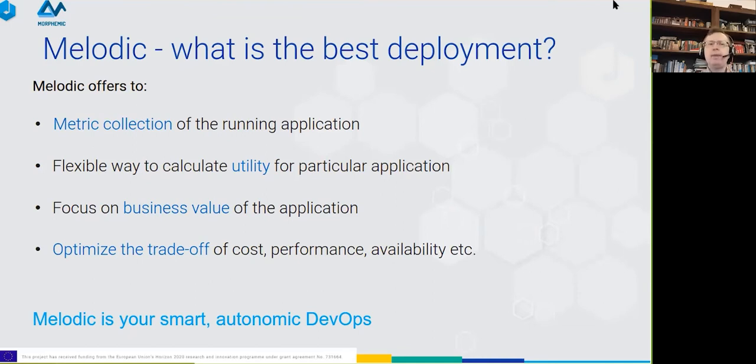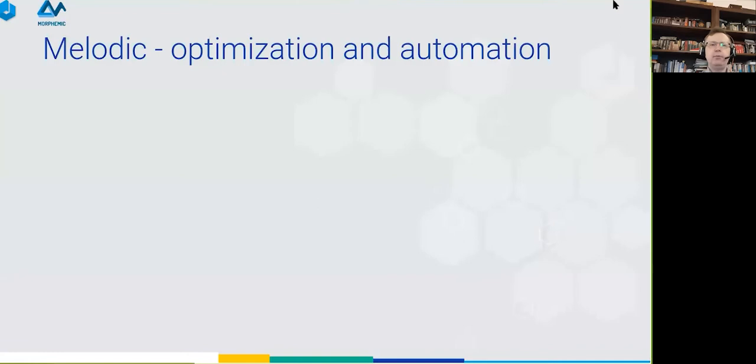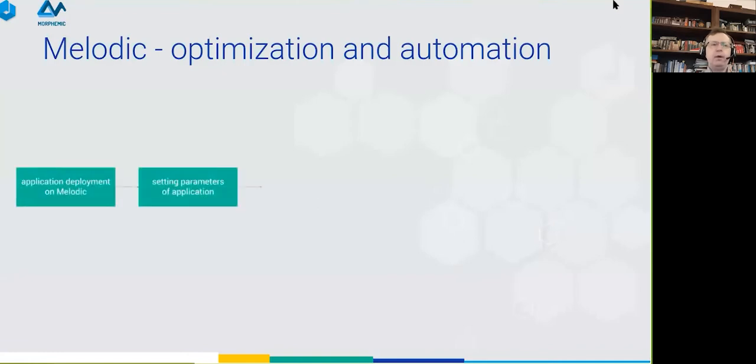But usually it is a trade-off between the cost, performance, security, availability, and so on. And there are multiple solutions, and Melodic is able to choose the best one, so you can consider it as a smart autonomic DevOps.